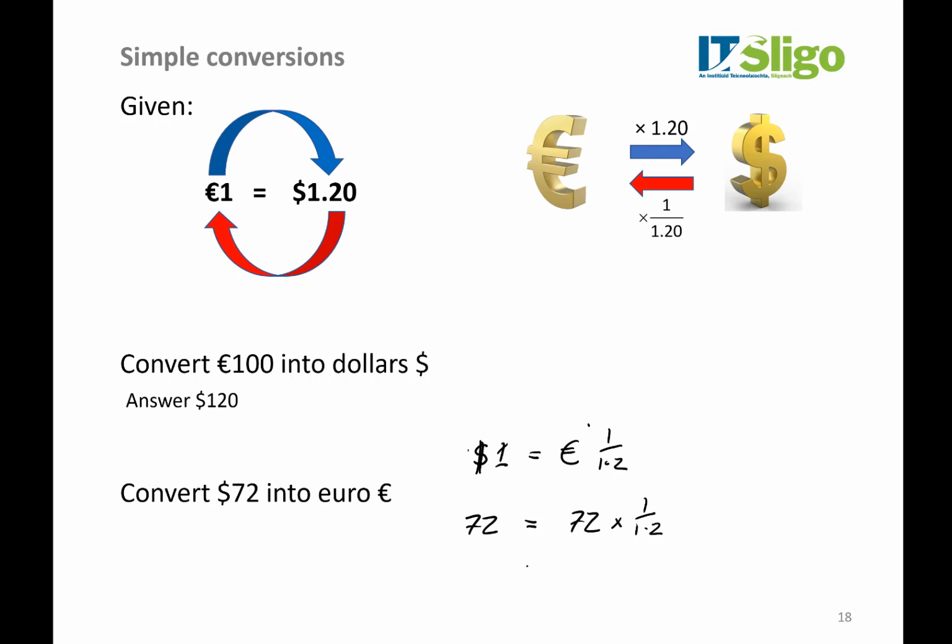This, guys, will become 72 over 1.2 euros. And now, guys, multiply top and bottom by 10, 720 over 12, and we'll get 60. So $72 is 60 euros.